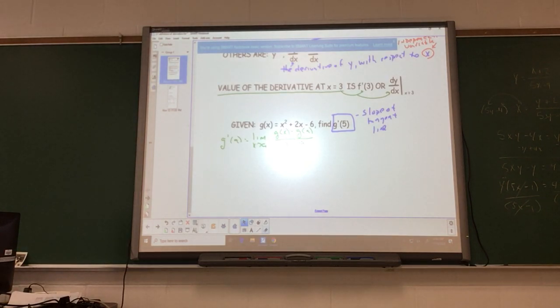I'm just finding the slope of the tangent line. There's nothing different except for the verbiage here. It's like dealing with arc length and radians. When you're finding arc length, you're finding the radians. It's the same idea here.